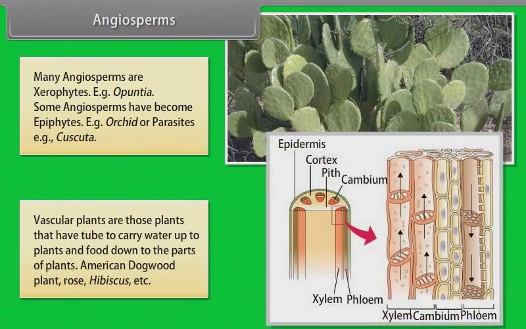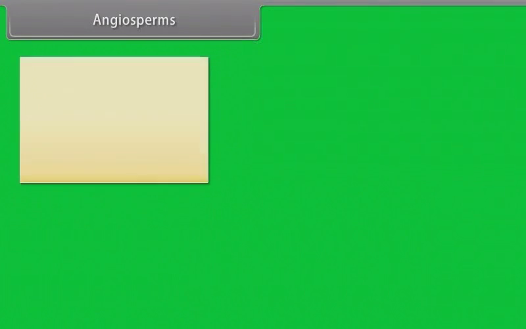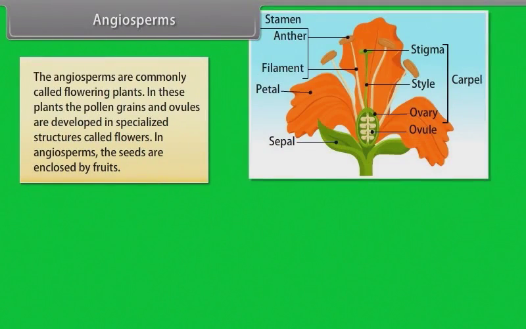Vascular plants are those plants that have tubes to carry water up to the plants and food down to the parts of plants, such as the American dogwood plant, rose, hibiscus, etc. The angiosperms are commonly called flowering plants. In these plants, the pollen grains and ovules are developed in specialized structures called flowers.